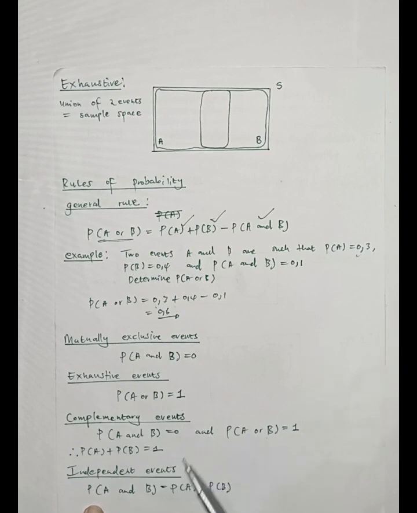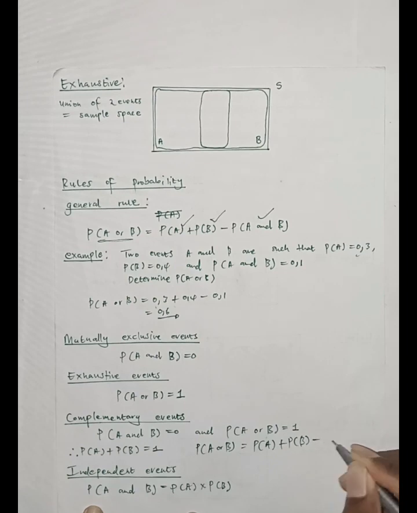Now moving on, we have complementary events. For complementary events, it's a combination of the intersection and the union. So P of A and B is equal to 0 and P of A or B is equal to 1. When you combine it with the general rule, you have P of A plus P of B is equal to 1. How? Let me show you real quick.